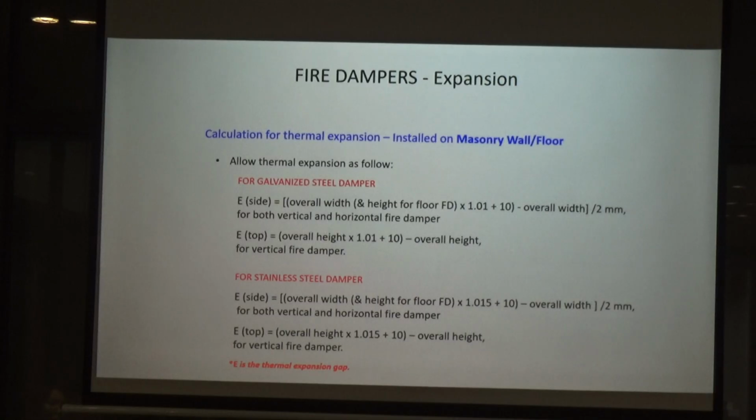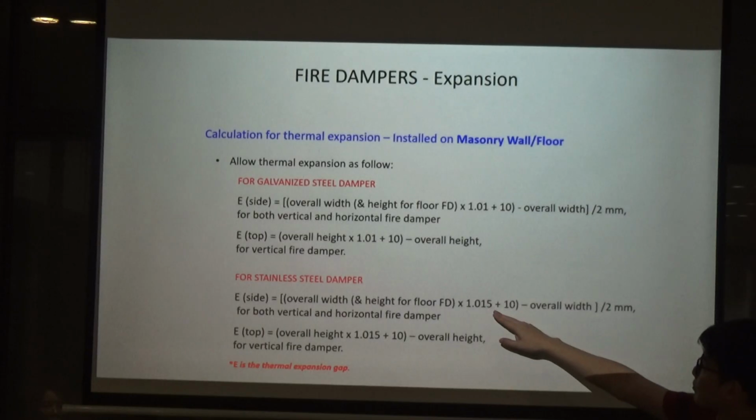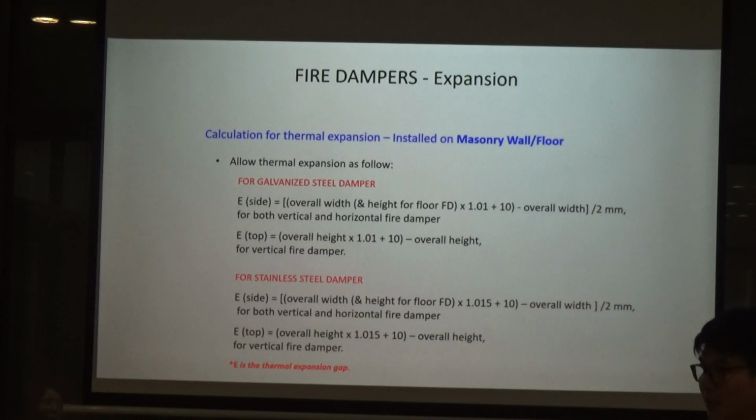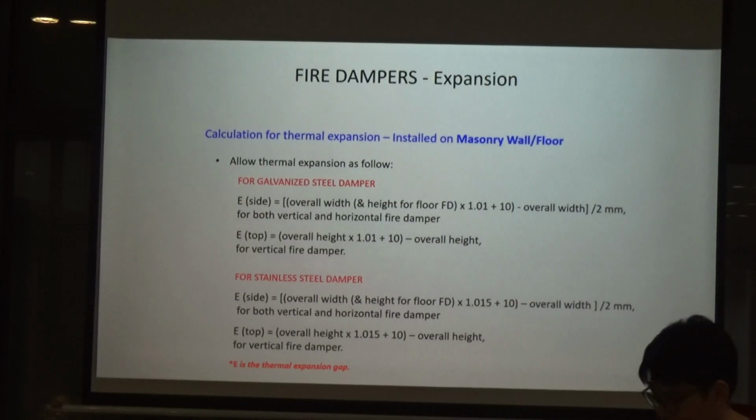Using the same size damper, one GI and one stainless steel, the opening for the stainless steel damper will be bigger, because stainless steel material expands more during fire. So basically they are the same equation, just that these two values are different depending on material.